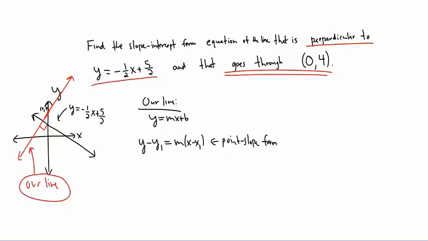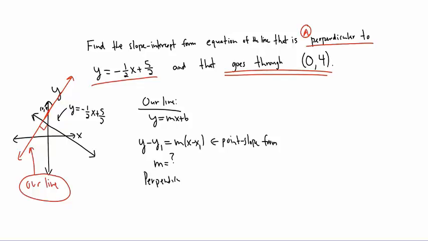We have a point, 0, 4. What about the slope? This first property, the fact that our line is perpendicular to that other line, will give us the slope.